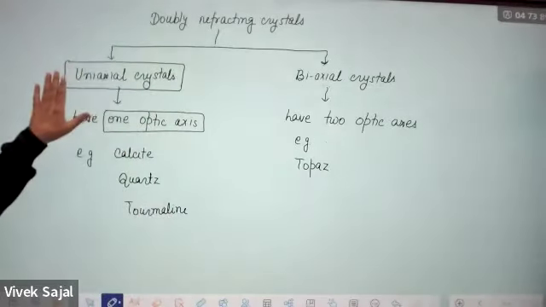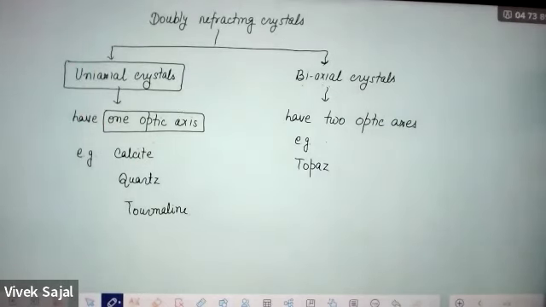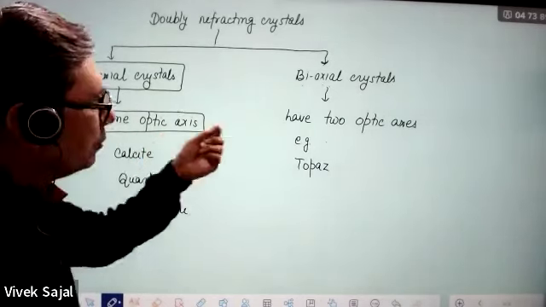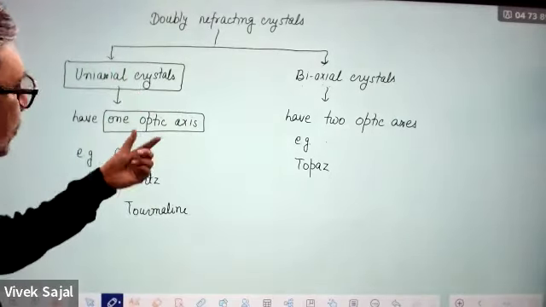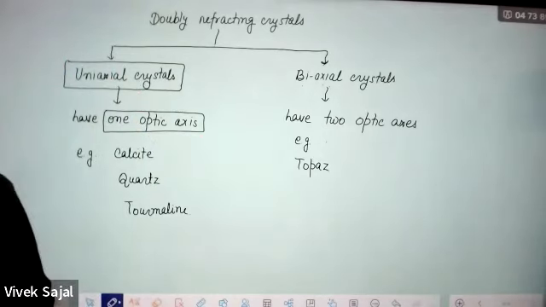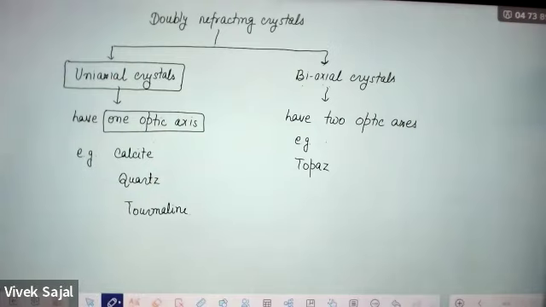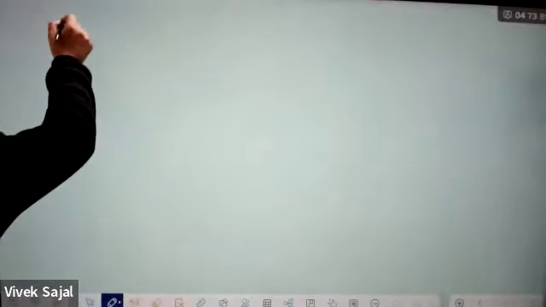But here we will confine ourselves to uniaxial crystals. So on the basis of optic axis, we have made this classification. Now the next question is, what is optic axis?